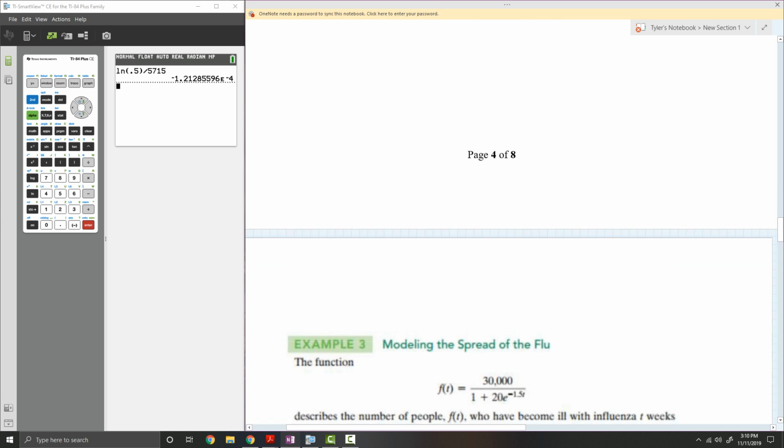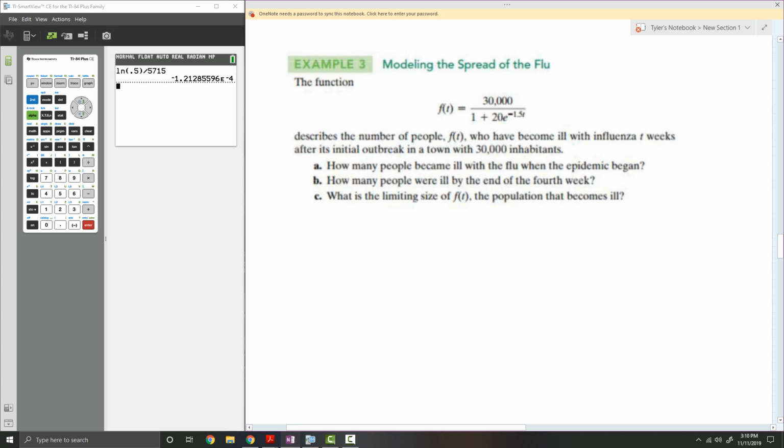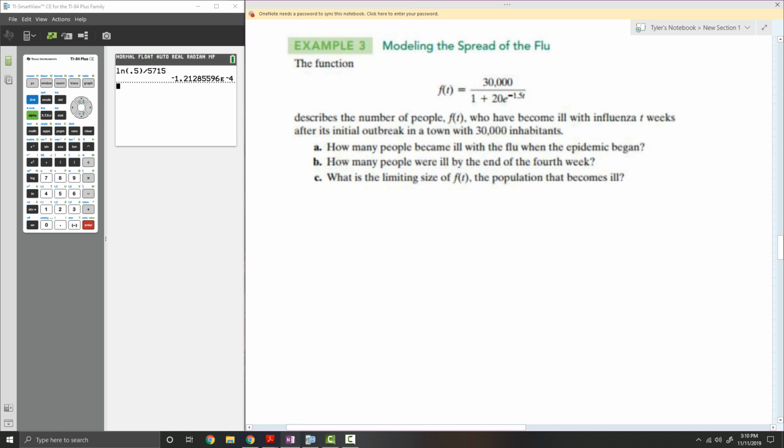So let's work through a problem. Example 3, we're modeling the spread of flu. We're given a function that describes the number of people, f of t, who have become ill with the flu t weeks after its initial outbreak in a town with 30,000 inhabitants.